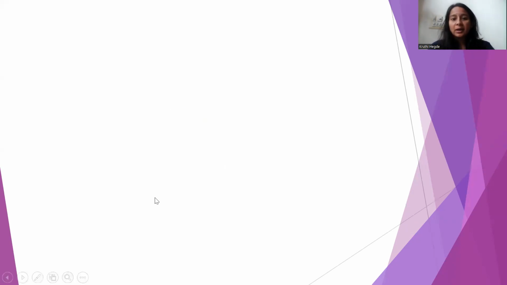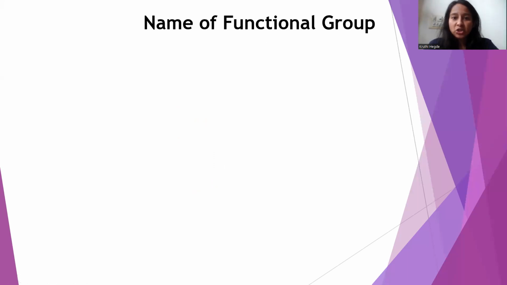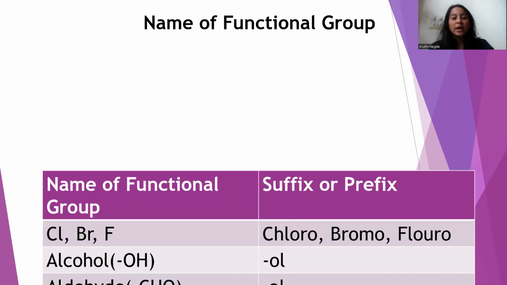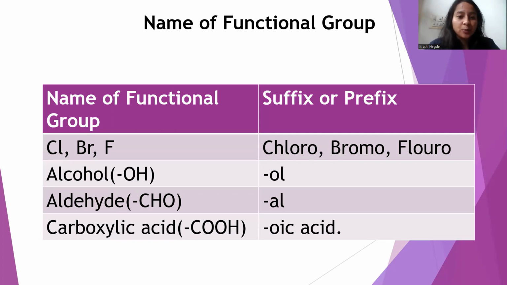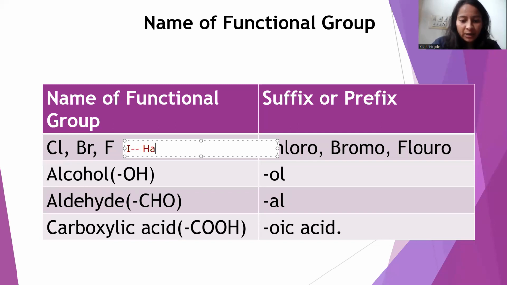So moving ahead, name of the functional group. How do we name the functional group? We need to know for which a suffix has to be added and for which a prefix has to be added. So let us know that. If the functional group is chlorine, bromine or fluorine, or we can even add iodine, we call it halogen, right?